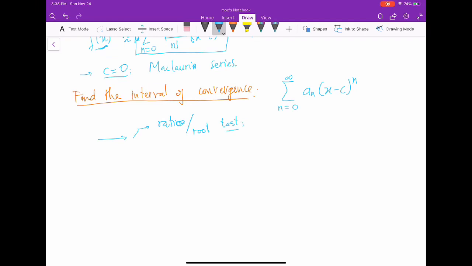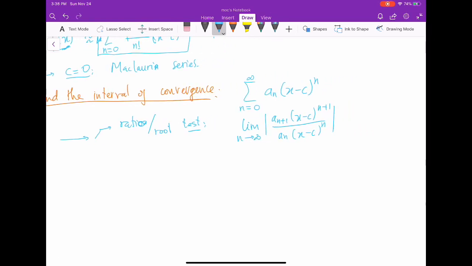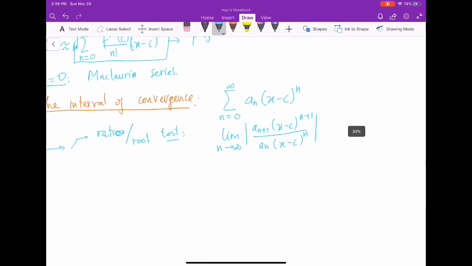So what does it mean? You have to consider the limit of the absolute value of a_(n+1) (x minus c) to the n plus 1 over a_n (x minus c) to the n, as n approaches infinity. That is the ratio test.